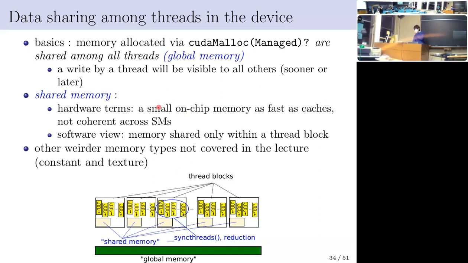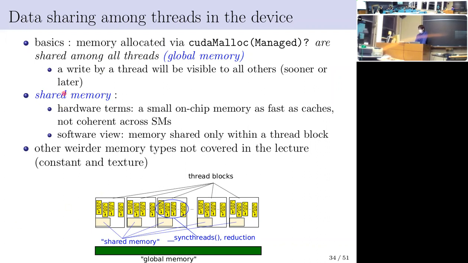From the programmer's perspective, only threads within a single thread block can share data in shared memory. It is guaranteed that threads in the same thread block are never executed on different streaming multiprocessors. Therefore, it is guaranteed that these threads within a single thread block can share data in shared memory.